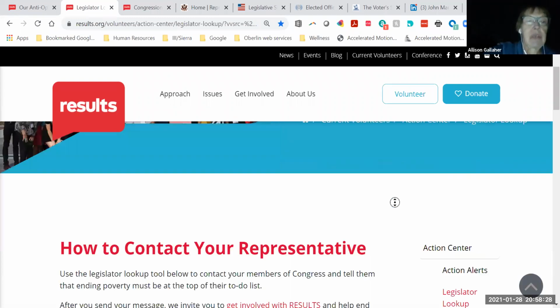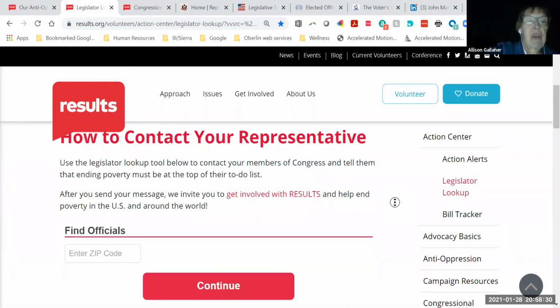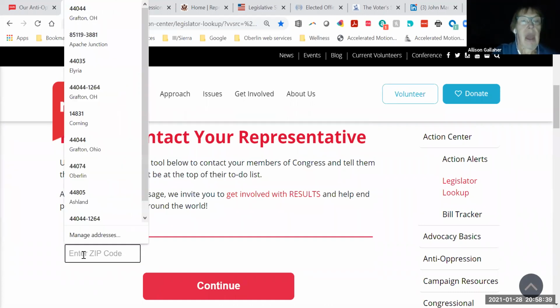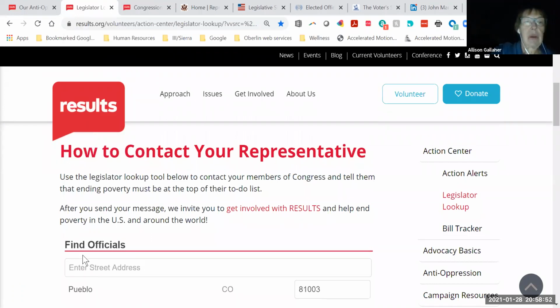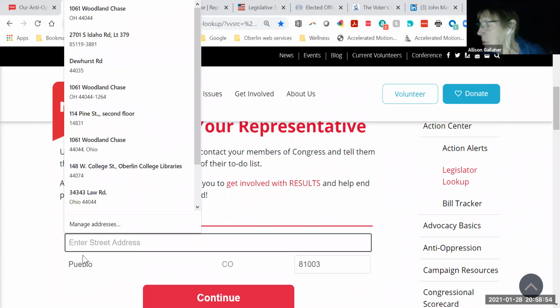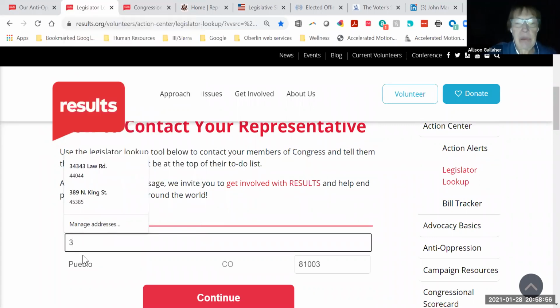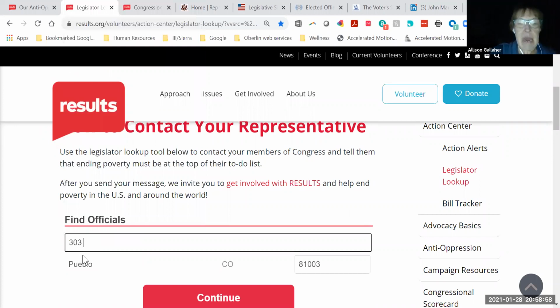She's a brand new rep from Colorado. And brand new means potentially a lot less information. So we'll use her office, 303 North Main.